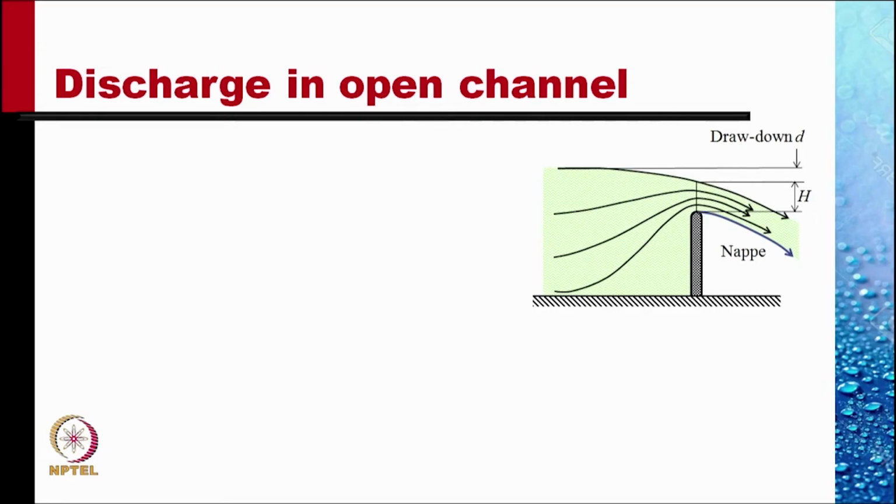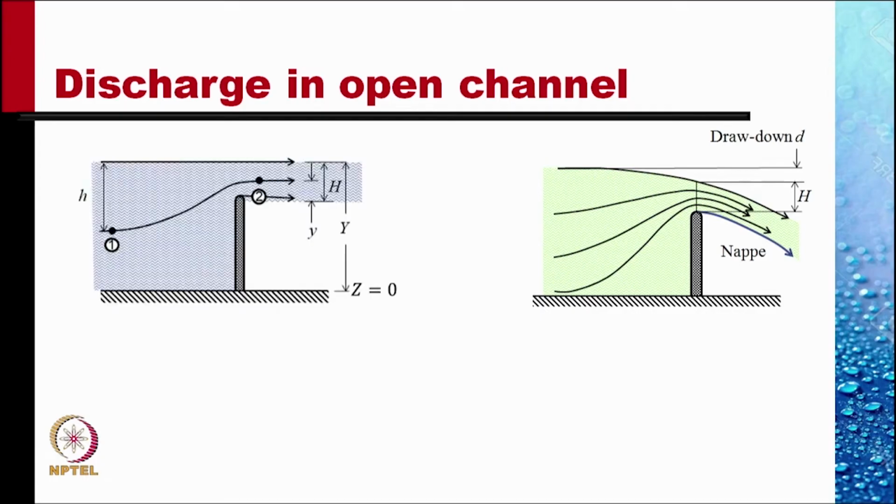This is a typical picture of streamlines in such a flow. It would be quite complicated if we analyze like this, so we make a model. Let us assume that there is no drawdown and the liquid is coming out as a jet which is horizontal.